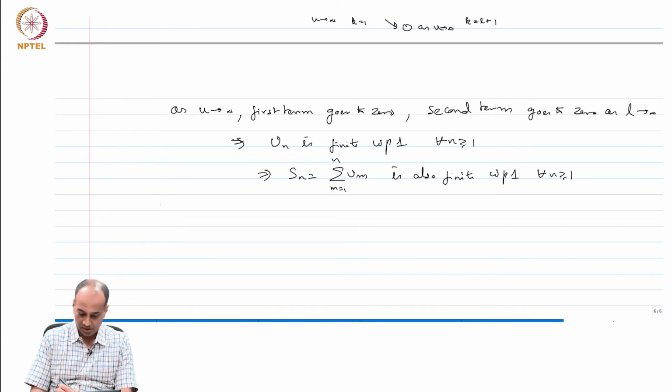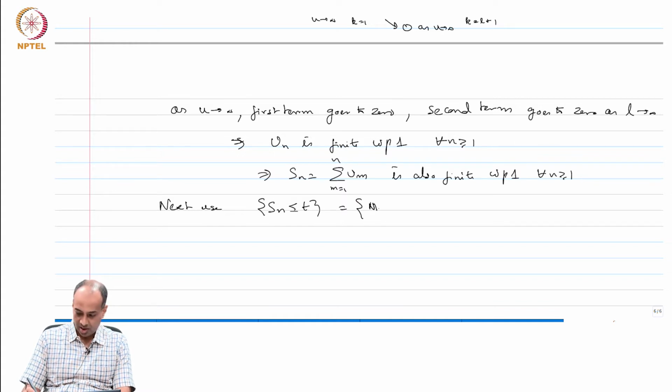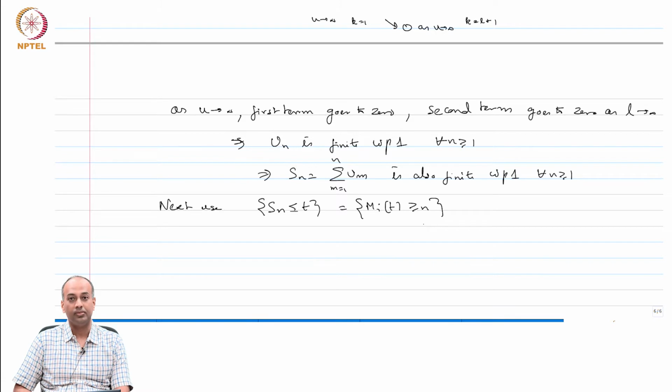Next, use the following equivalence, right. We know that the event S_n less than or equal to t is equal to the event that M_i(t) is greater than or equal to n, right. For every sample path this is true.